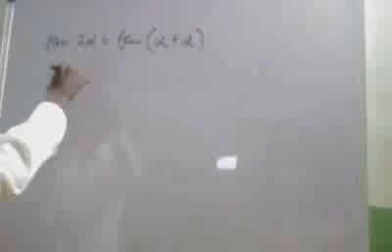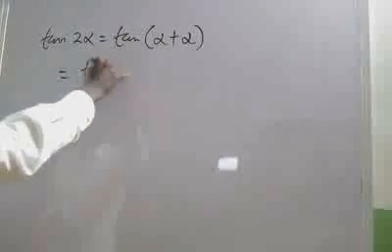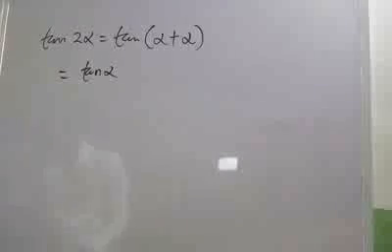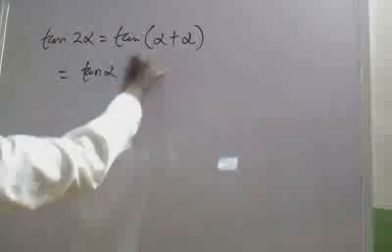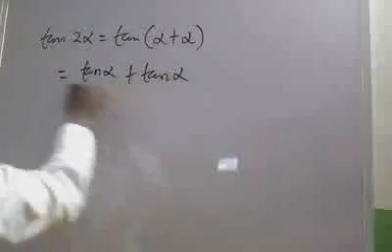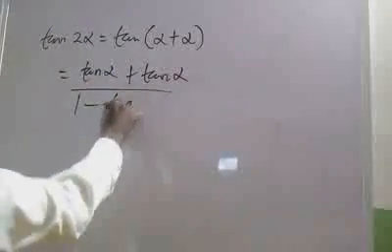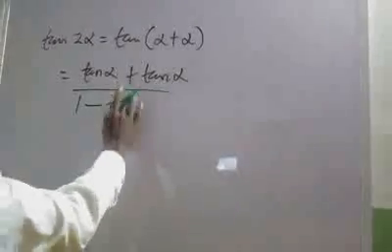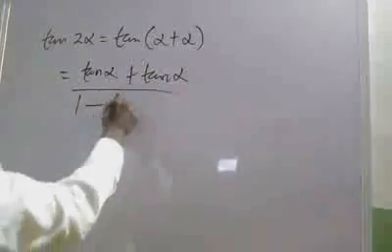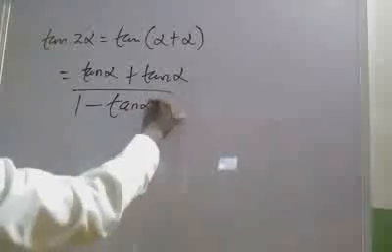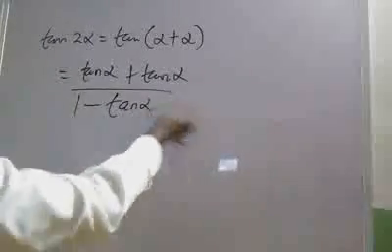And remember, this is the same thing as tan alpha plus tan alpha over 1 minus tan alpha times tan alpha.